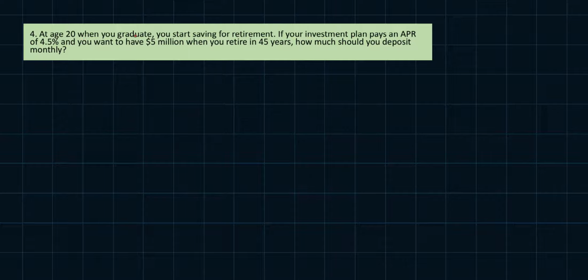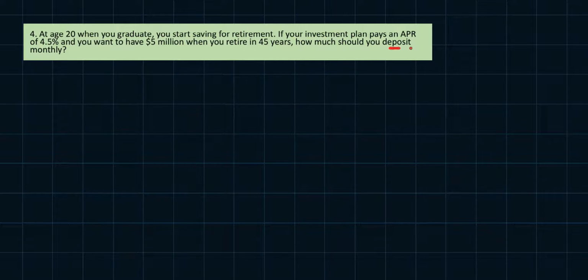So at age 20, when you graduate, you start saving for retirement. If your investment plan pays an APR of 4.5% and you want to have $5 million when you retire at 45 years, how much should you deposit monthly?